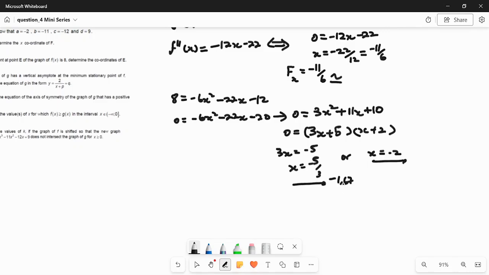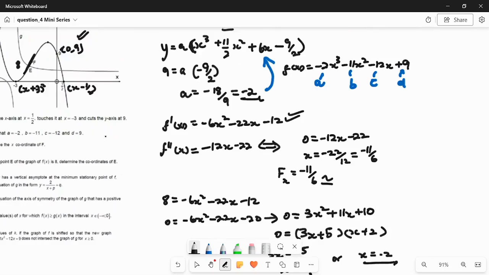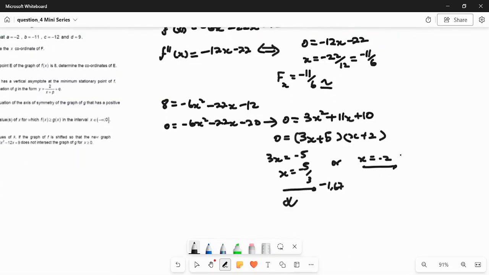See, this value is greater, which does not make sense. So this is not a valid solution because this is greater than our x value there. We can't have the x value here greater than the x value there. It does not make sense. So that means our correct solution should be x is equal to negative 2.